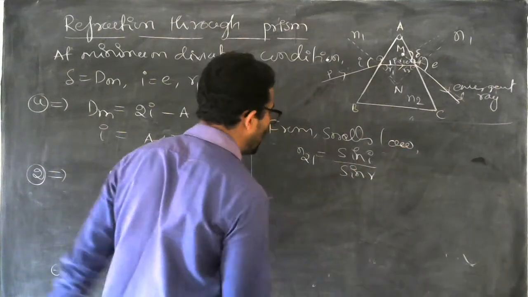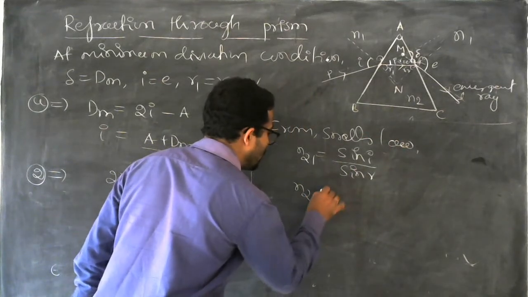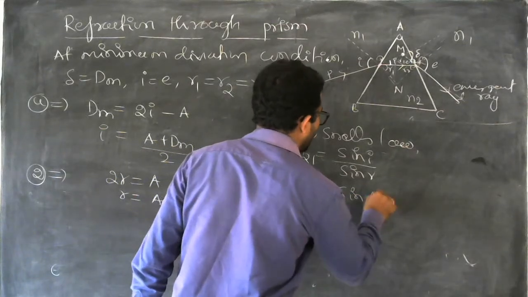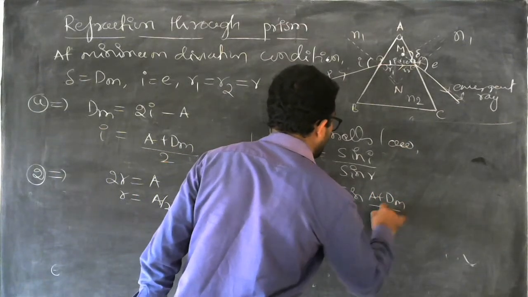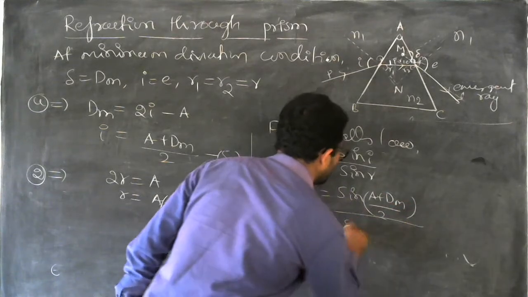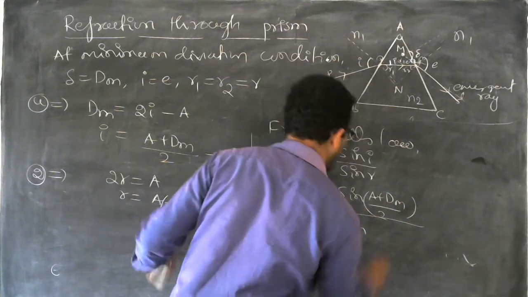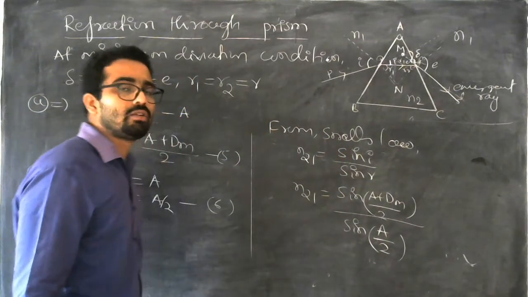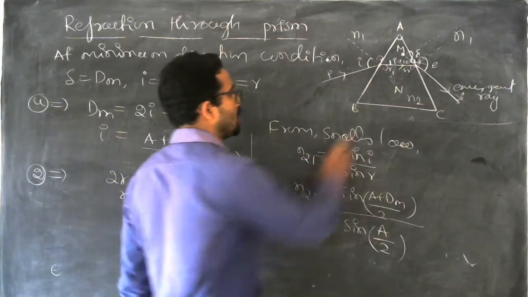Simplifying, n21 is equal to sin of (A plus dm) by 2 divided by sin r, which is equal to A by 2. Okay, this is the equation to find the refractive index of this prism.